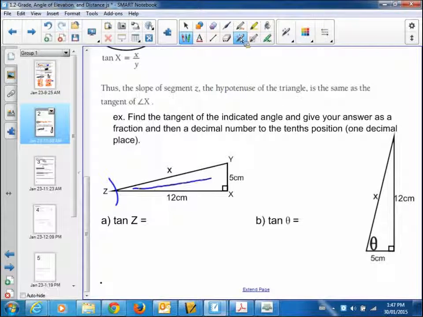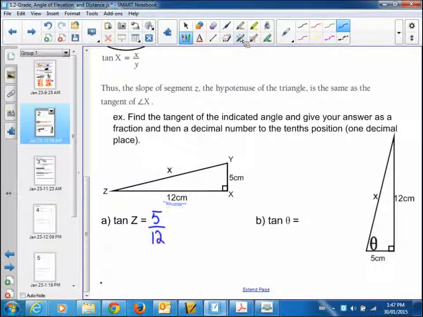The opposite side is 5, and the side beside it, the adjacent side, is 12. So it's 5 out of 12. Do you guys see that connection? Then you divide it in your calculator. 5 divided by 12 is really what the fraction means.